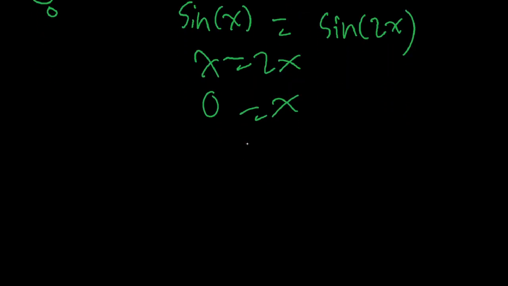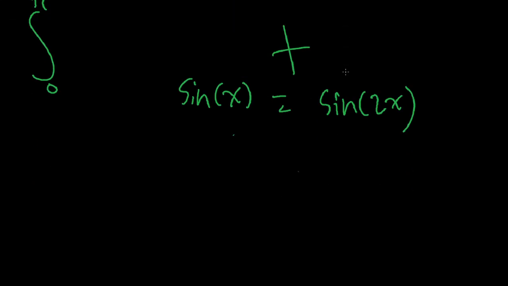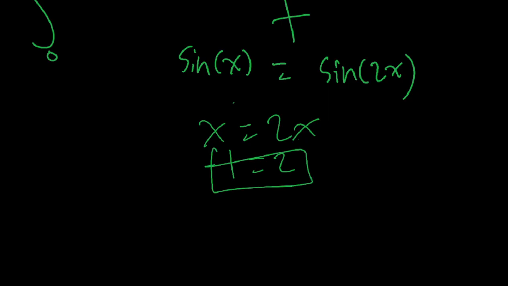Going back, if we divide by both sides, we're going to get 1 equals 2, which doesn't make sense. So what we have to do is something else.